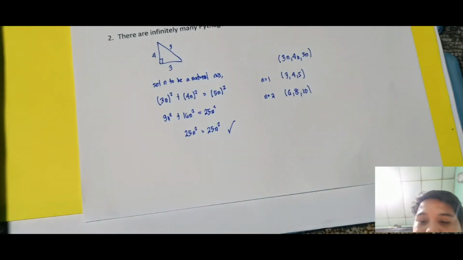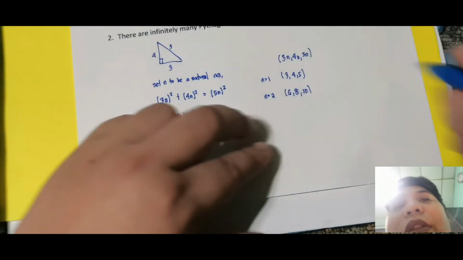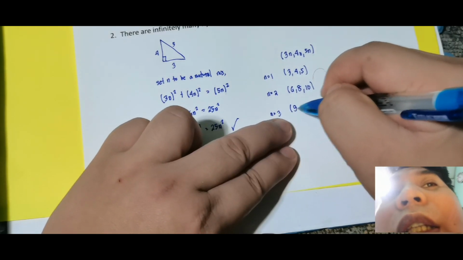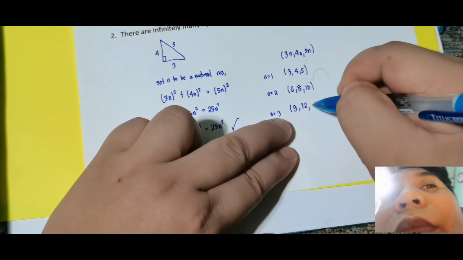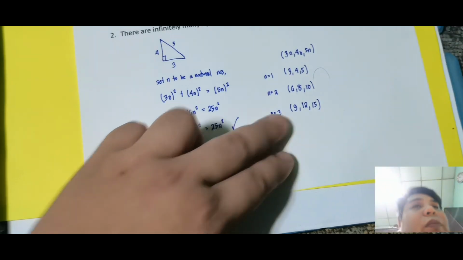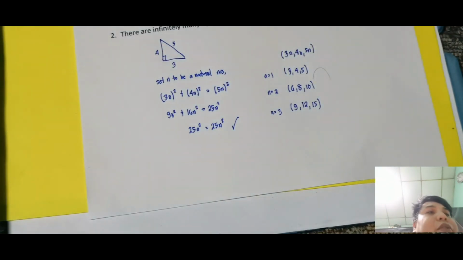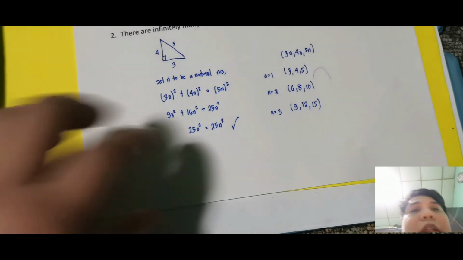Tama. Then, what is 10 squared? 10 squared is 100. Okay, so check natin n is equal to 3. That is 9, 12, then 15. Check natin kung Pythagorean triple siya. 9 squared plus 12 squared is 225, and 15 squared is 225 also. So, okay pa rin. Tama.